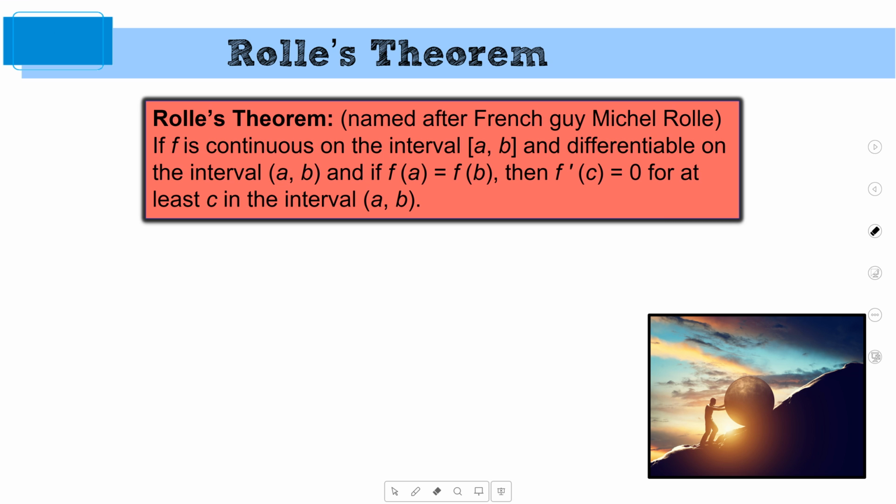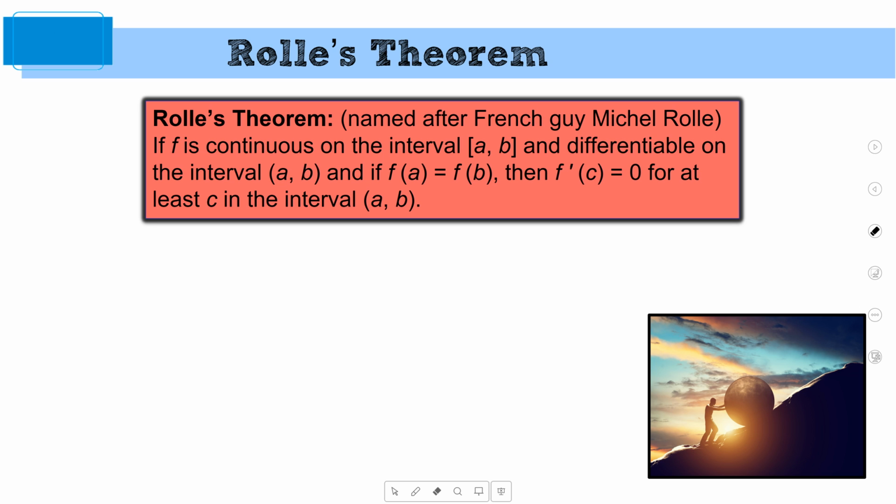And then this statement that says f of a has to equal f of b. If a and b are our endpoints, they have to have the same value. A lot of times that value is going to be 0, but it might not be. You might be starting at 1 and 1, or starting at a y value of 7 and 7. As long as they're the same value, you're good to go.